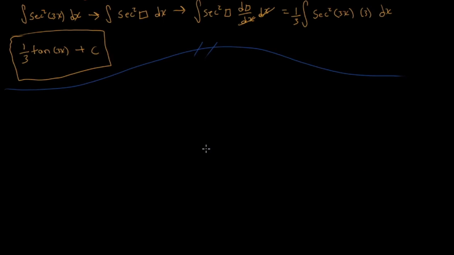So now let's say that we're given this function here. We're given g of x is equal to x times the secant of x squared times tan of x squared, and we're asked to find the integral of that.